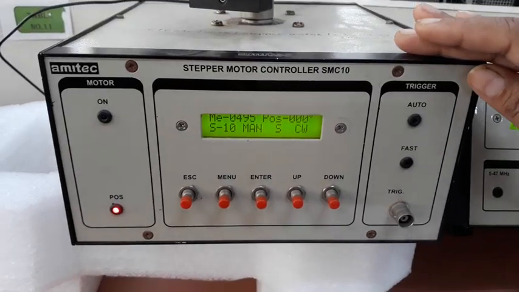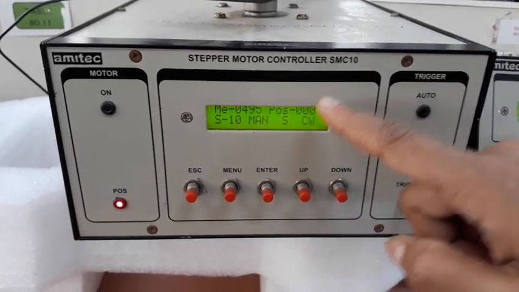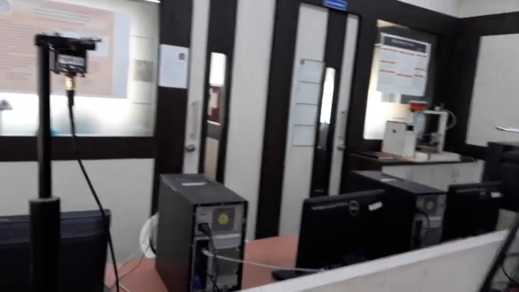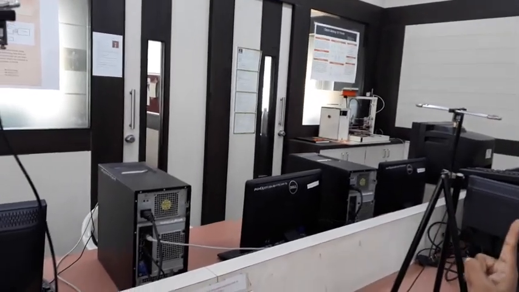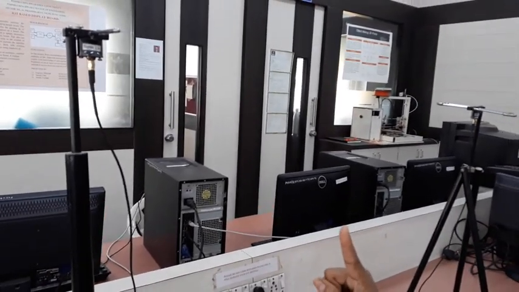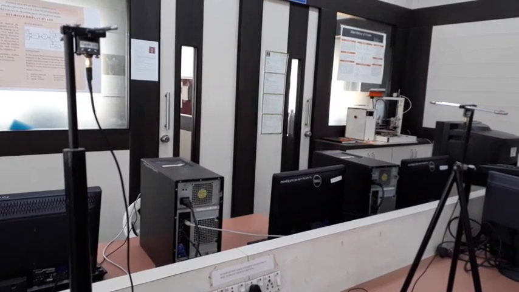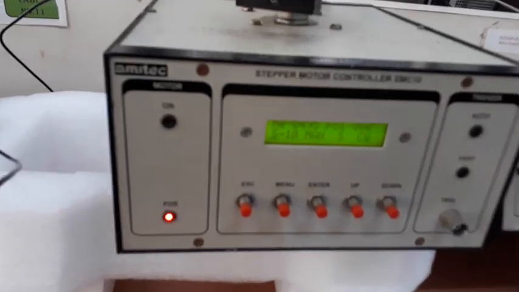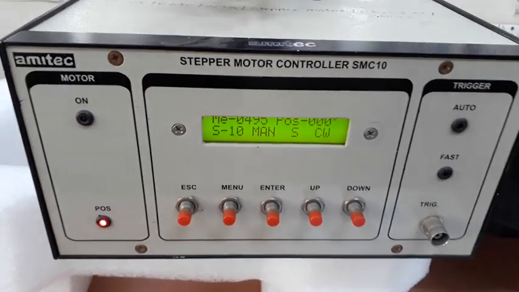Here we can see that our position is at 0 degree, and if you see the transmitting antenna and our receiving antenna, both are parallel to each other. So this theta is nothing but 0 degree. For 0 degree I can measure the power in the receiver section.